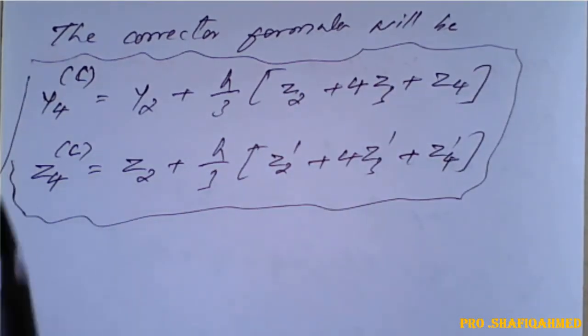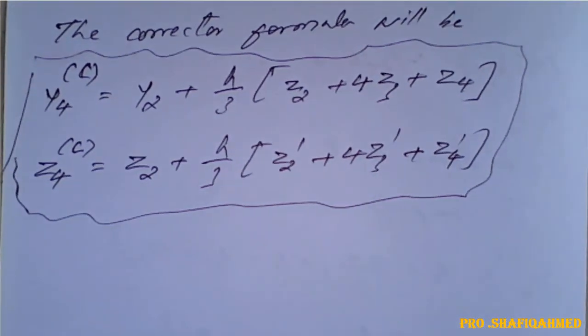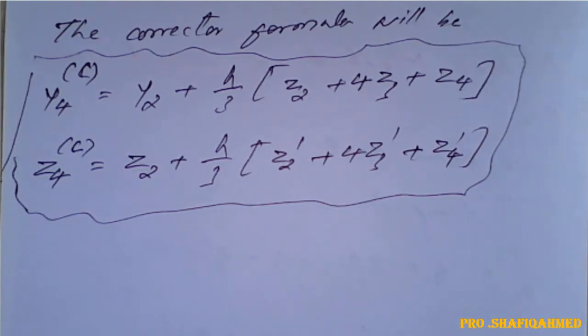In this way we need to remember the predictor and corrector formulas to apply for second order differential equations in Milne's method. In Milne's method we have predictor and corrector formulas.